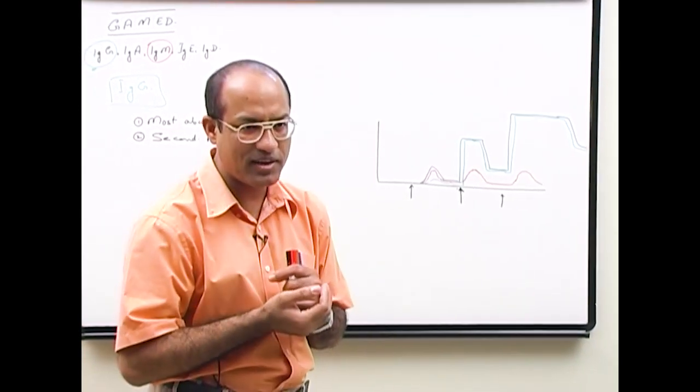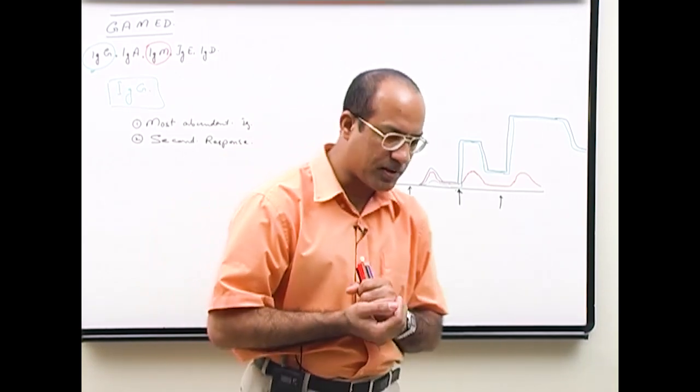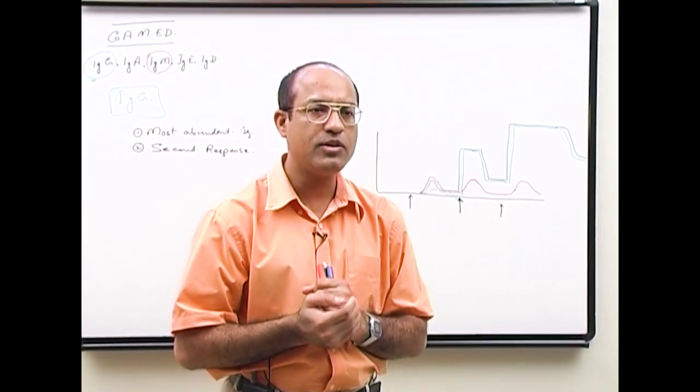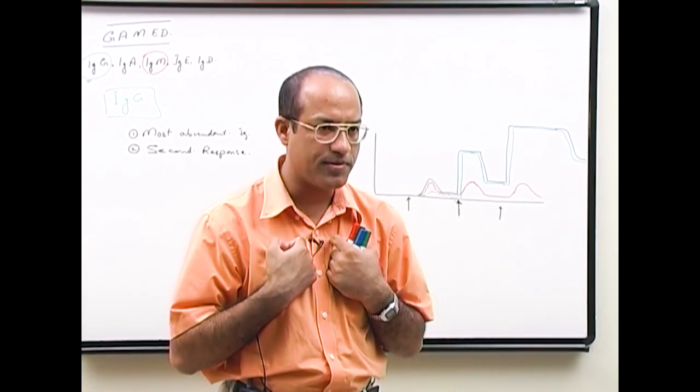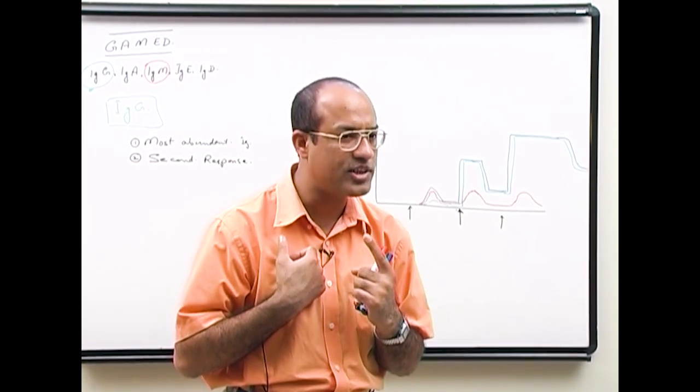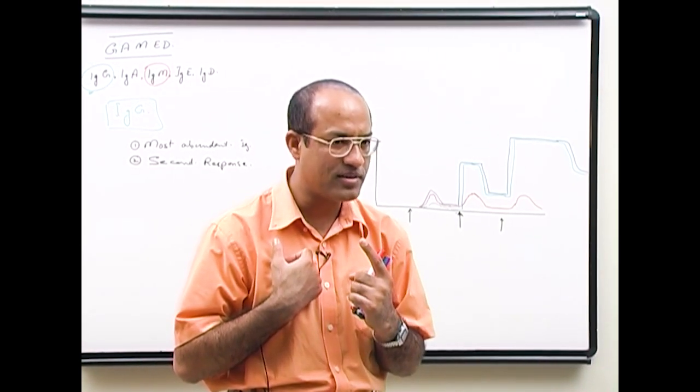Am I right? Now, let me mention one thing again. If I get an infection today for the first time, then against that antigen I will be making IgM, right?